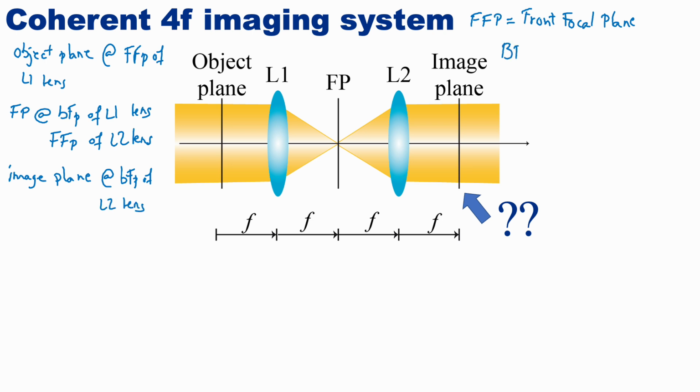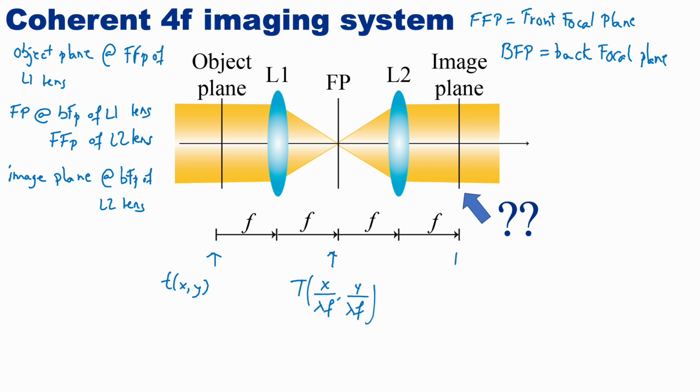So BFP is going to be back focal plane. So we don't know a lot of things at this point, but if at the input I have a transmittance, I know that at the Fourier plane I'm going to have its Fourier transform, so that's going to be at x over lambda F, y over lambda F. And now at the back, what we're going to have is the Fourier transform of what?